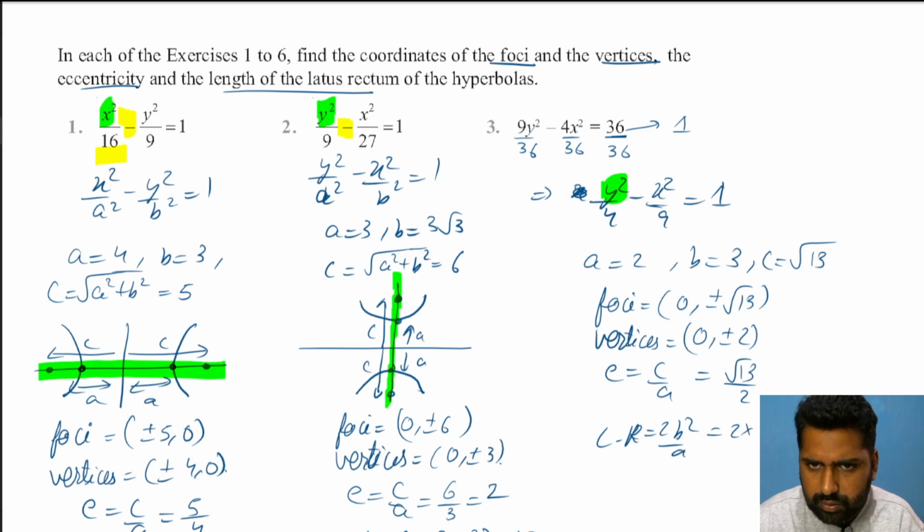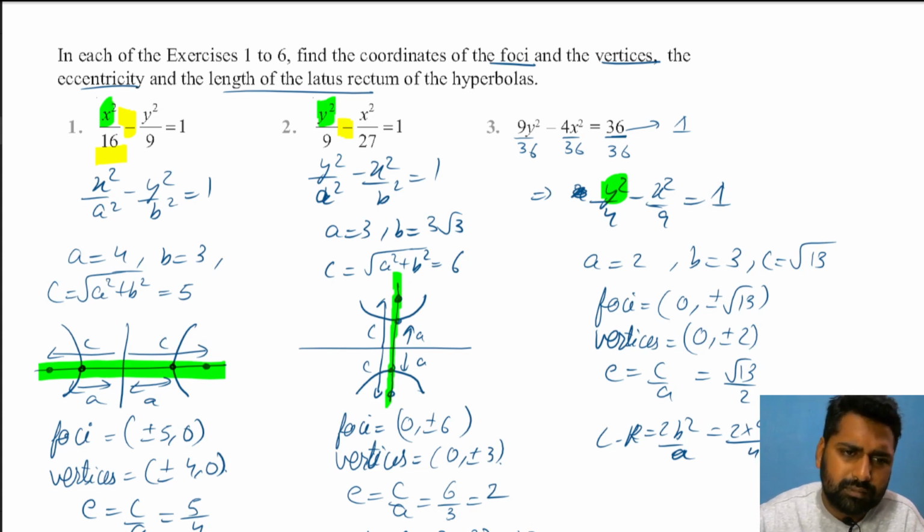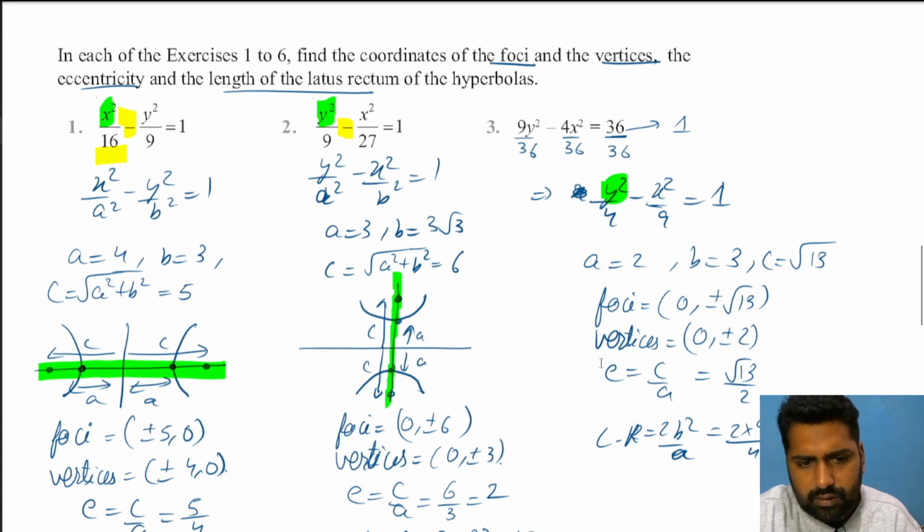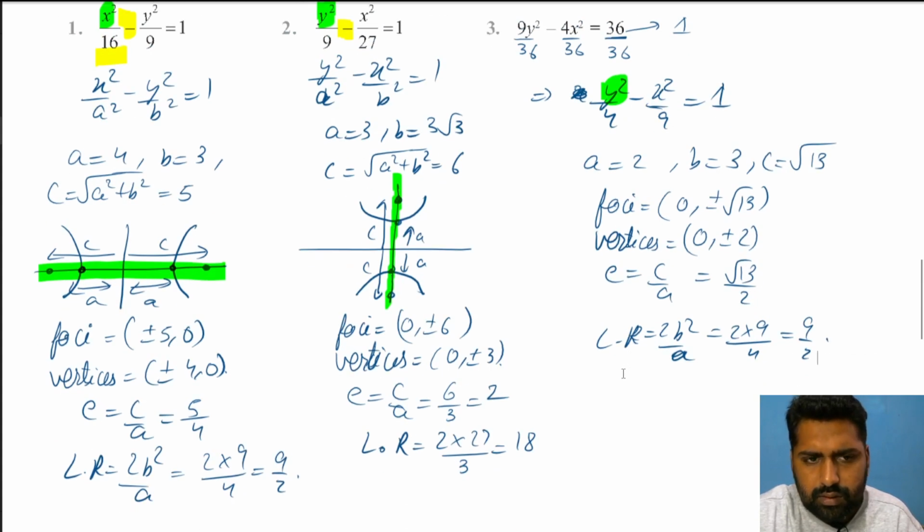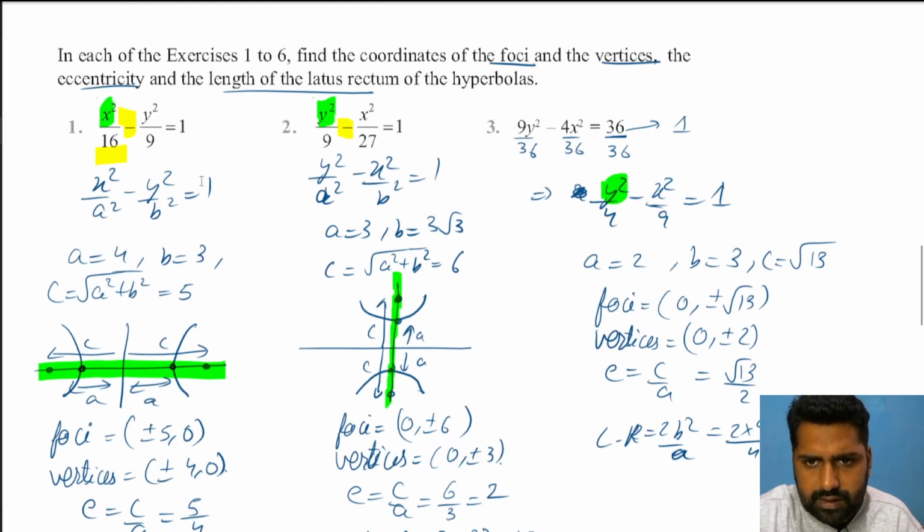Latus rectum is 2 into b square, which is 9, upon A. Something is wrong.